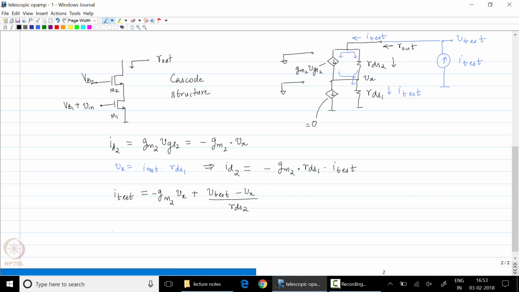So this means that I test times rds2 is minus GM2 rds2 Vx plus V test minus Vx. And now we can also write I test in terms of Vx, since Vx is equal to I test times rds1, and we will substitute this back.